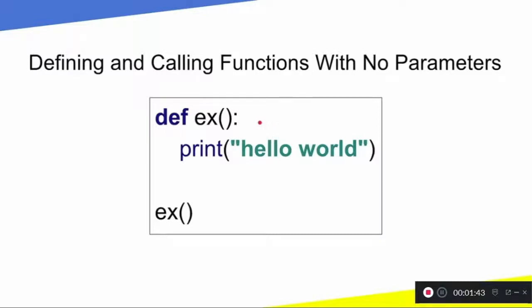So as you can see over here, after defining ex and calling ex, hello world will get printed. The parameter is not there, so this is a function with no parameters, and this is how the function would be called.